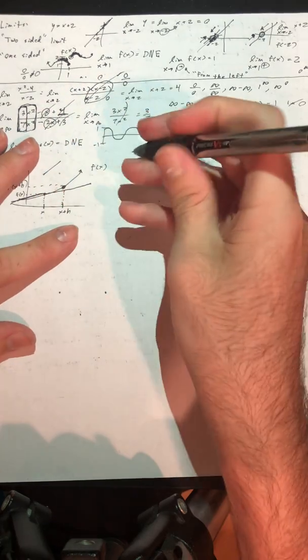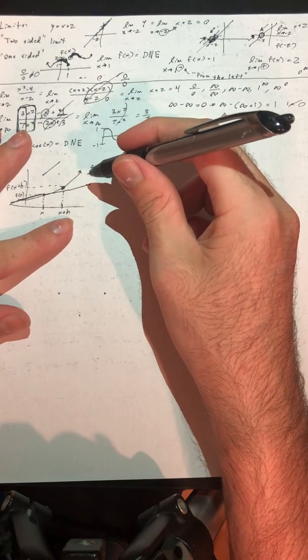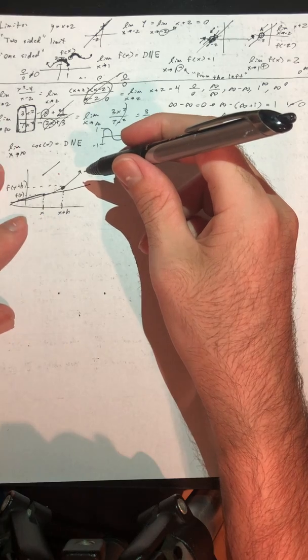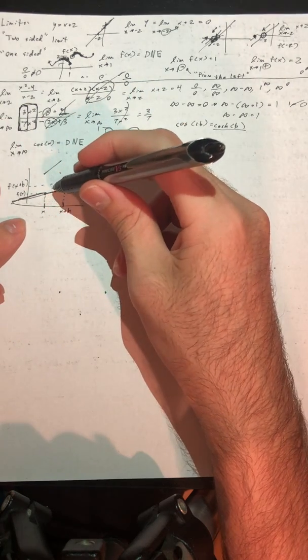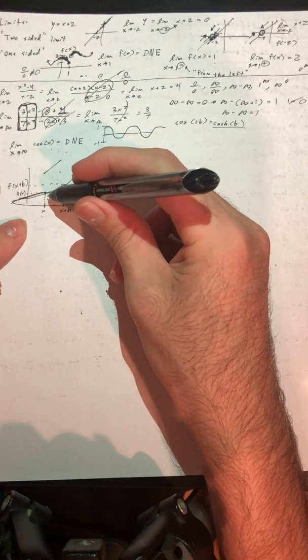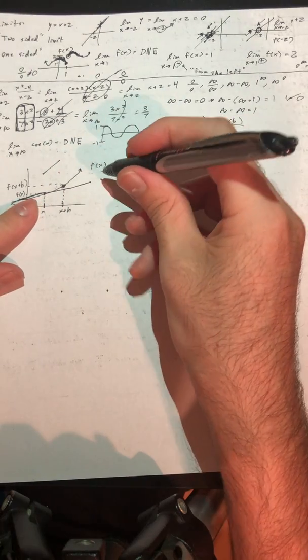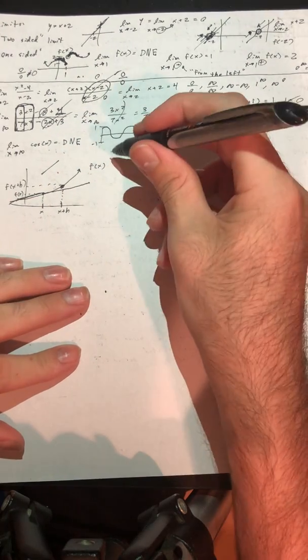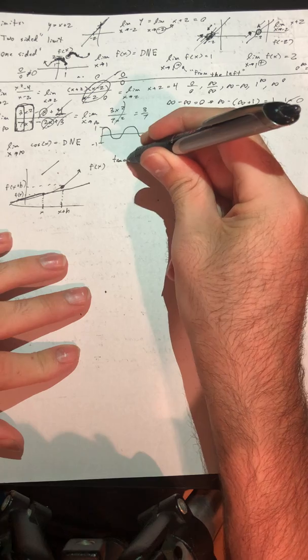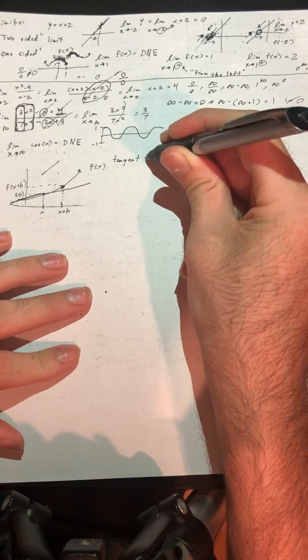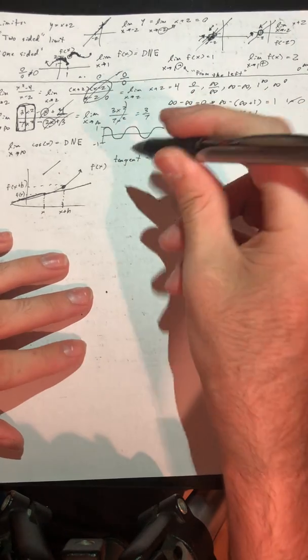That's a horrible tangent line. If I wasn't so bad of a drawer, that tangent is 1 point. It intersects the graph at 1 point.